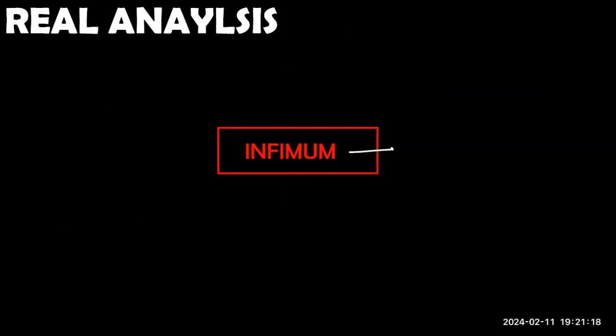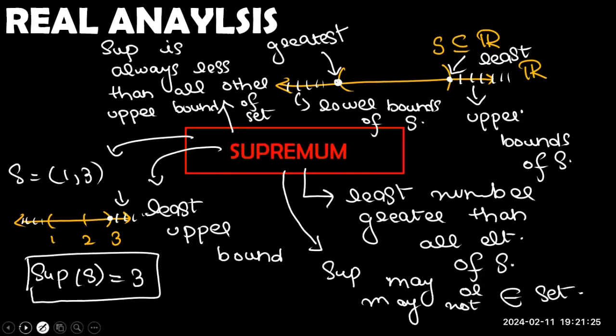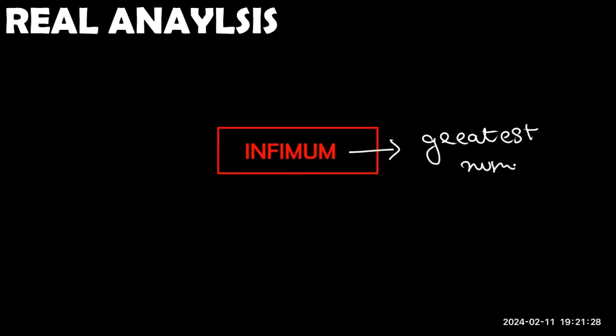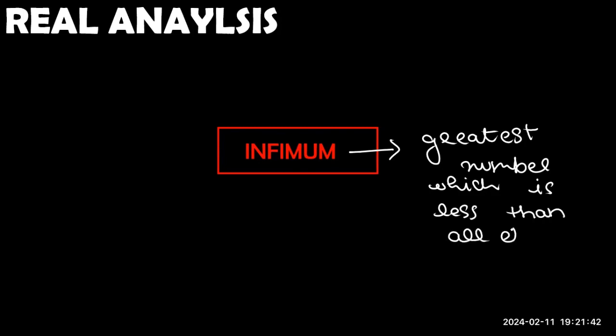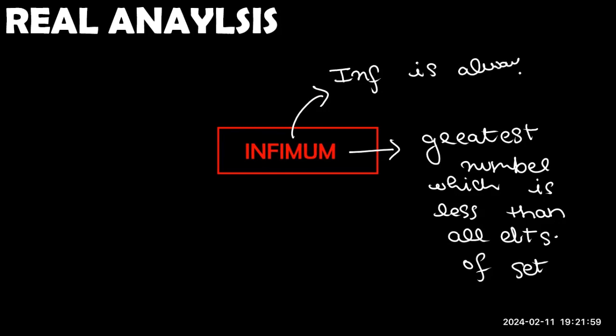So it is the greatest lower bound, the greatest number which is less than all elements of the set. And always remember that the infimum is always greater than all the other lower bounds of the set.